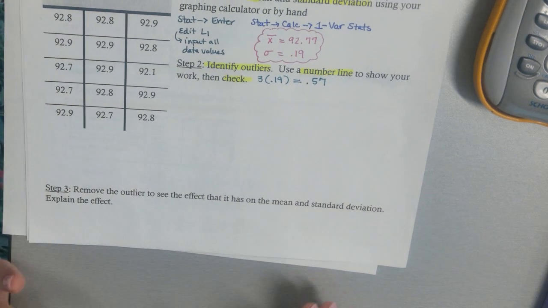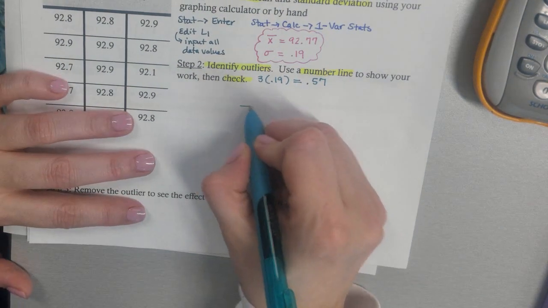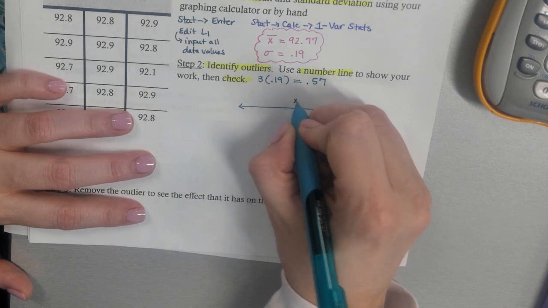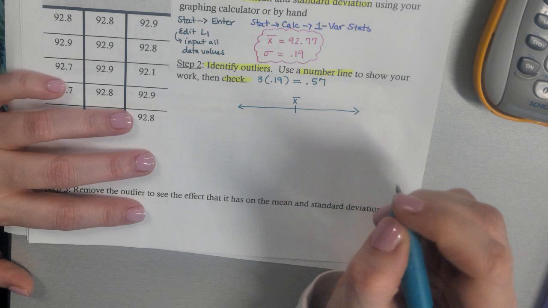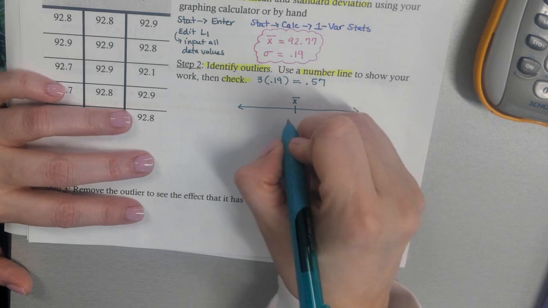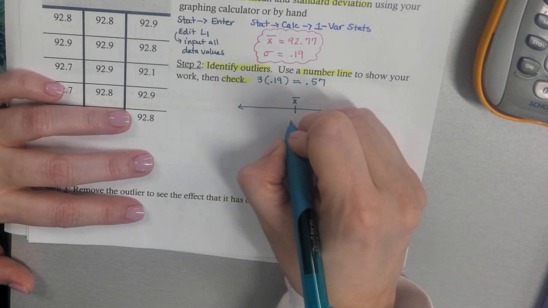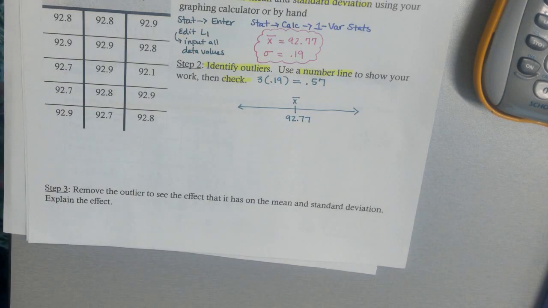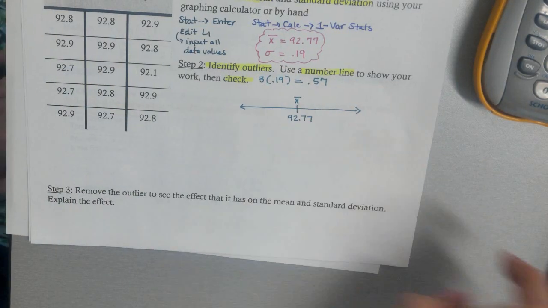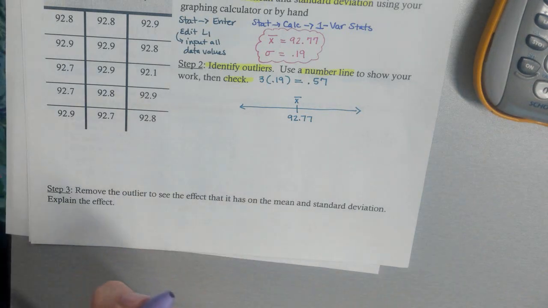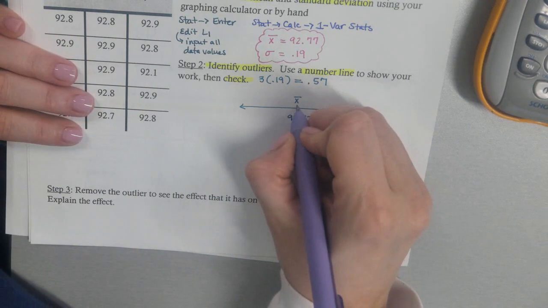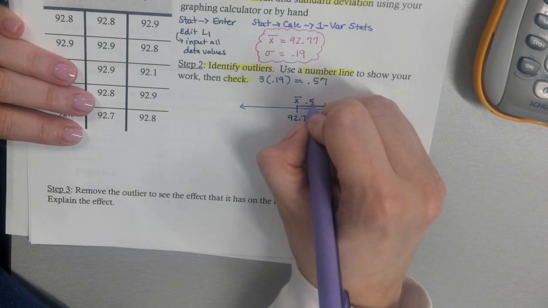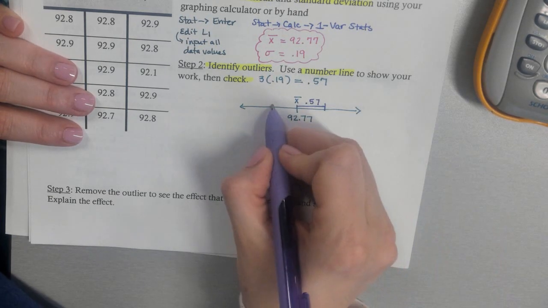Now let's look at our number line. Again, we're just going to put our mean in the middle. What we're doing with this 0.57 value is adding it to this value here, and then subtracting it.